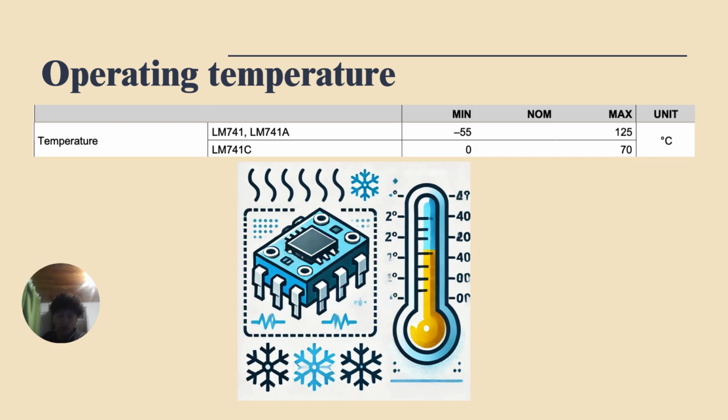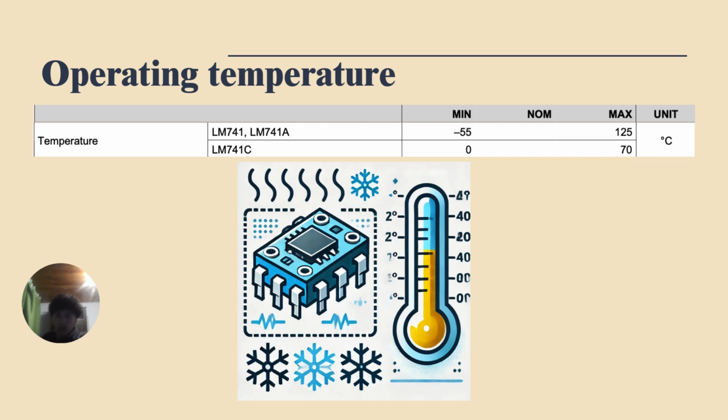Now, the operating temperature. The operating temperature defines the temperature range in which the op-amp performs reliably. Temperature variations can affect critical parameters such as input offset voltage, bias current, and gain stability. High temperatures increase leakage currents and can cause thermal drift, leading to inaccurate signal processing, while very low temperatures may affect transistor switching speeds and overall responsiveness.